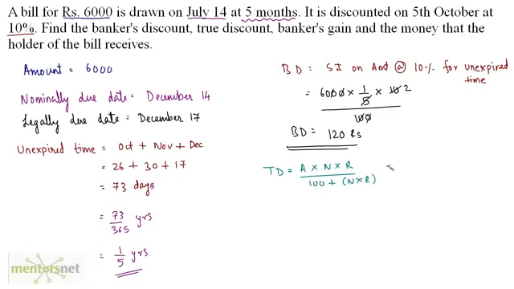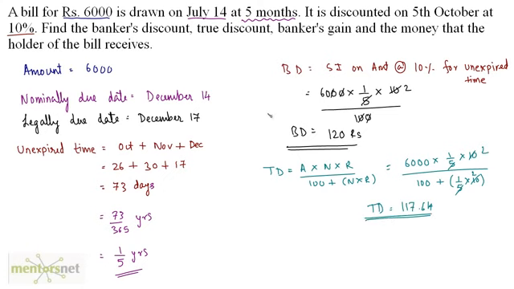So this is equal to 6,000 times 1 by 5 times 10 upon 100 plus 1 by 5 times 10, right? So 5 times 2 is 10, and 5 times 2 is 10 here also. And if you calculate this, you will get the value as 117.64, right? So this is the true discount.